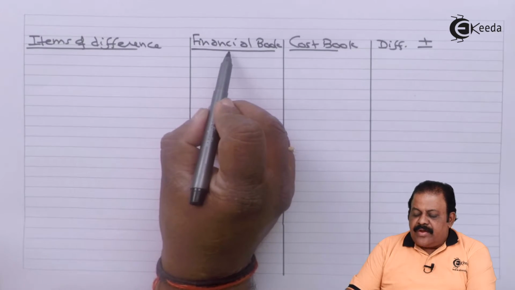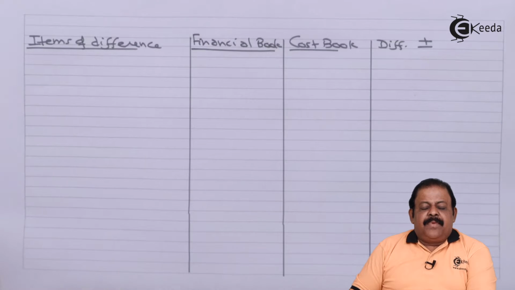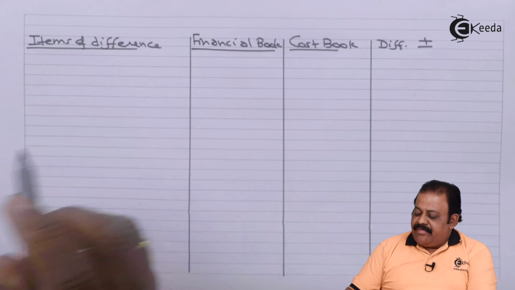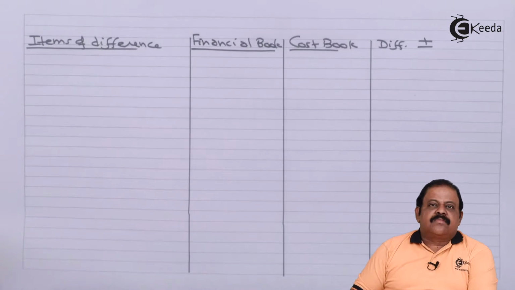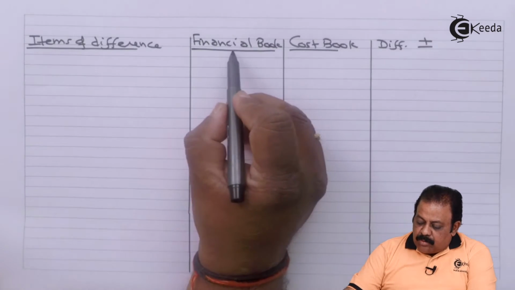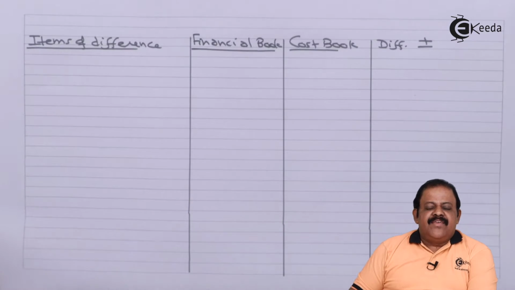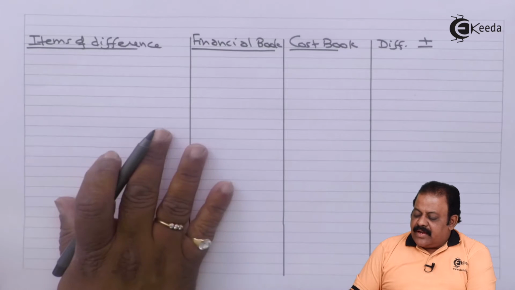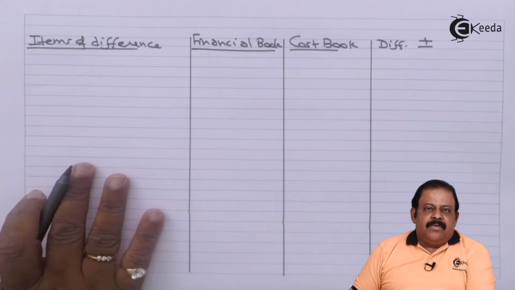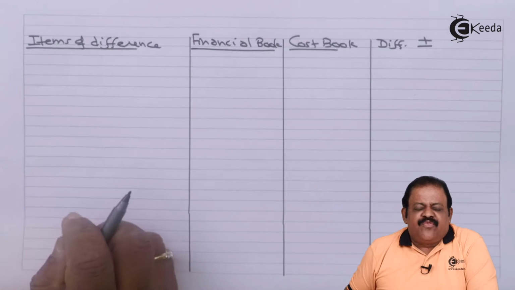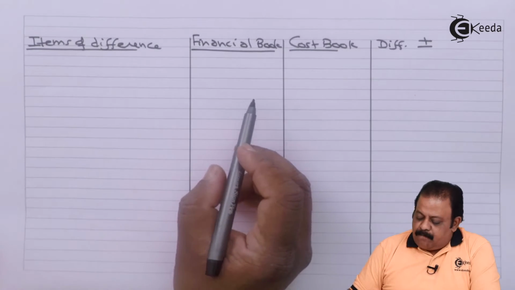If the first column is financial book, then while preparing the profit reconciliation statement, we have to start with profit as per financial book, so that we will end with profit as per cost book. If we take the first column as cost book and the second column as financial book, then we have to start with profit as per cost book, so that finally we will arrive at profit as per financial book. This working note will be perfect only if we consider this particular order.